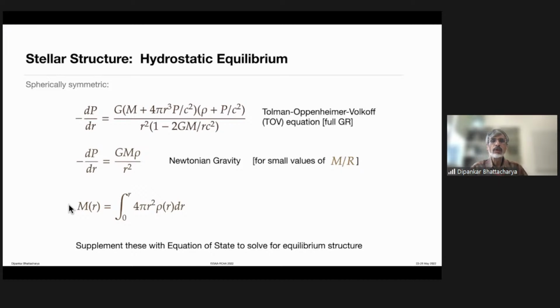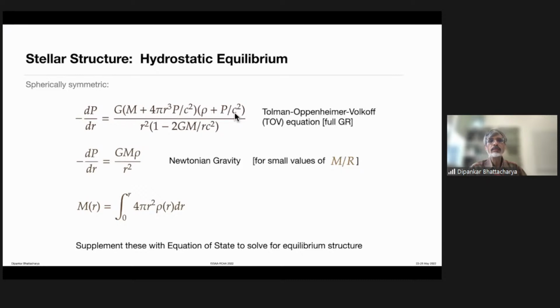So particularly when the structure is very compact, which means when m of r values are relatively high, m over r is relatively high, then you have to add some corrections to this to account for general relativistic effects.